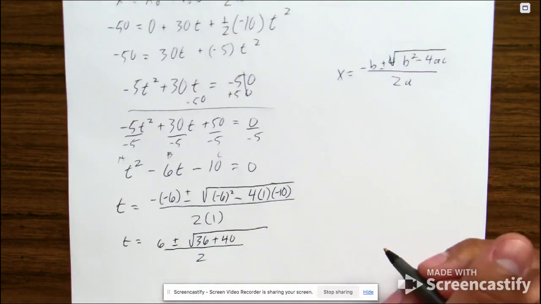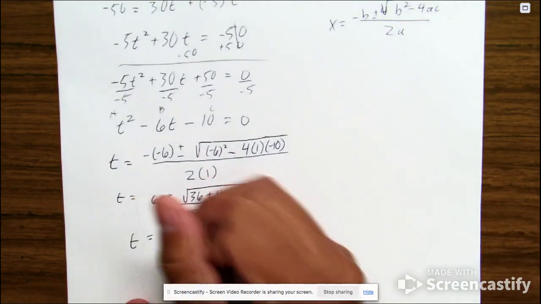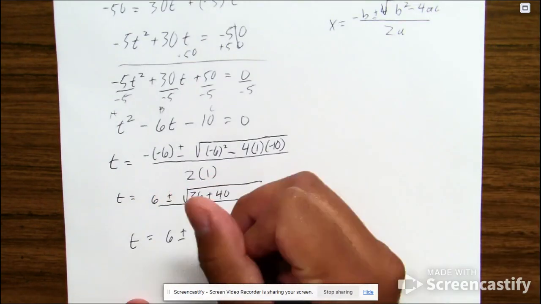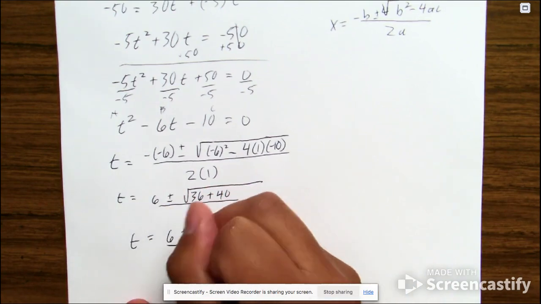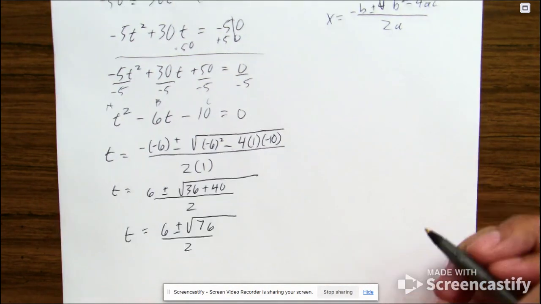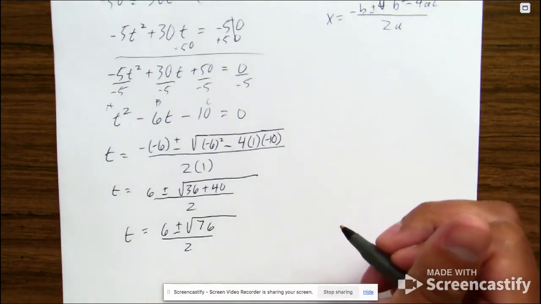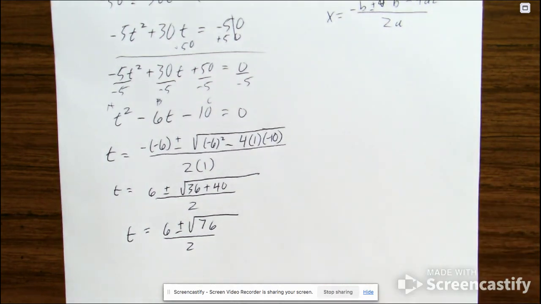Once again, we can simplify that a little bit more. t is equal to 6 plus or minus the square root of 76 over 2. And at this point, we have two solutions, right? So we're just going to go ahead and do this. You can find the square root of 76, and you'll find that that would be 8.72.